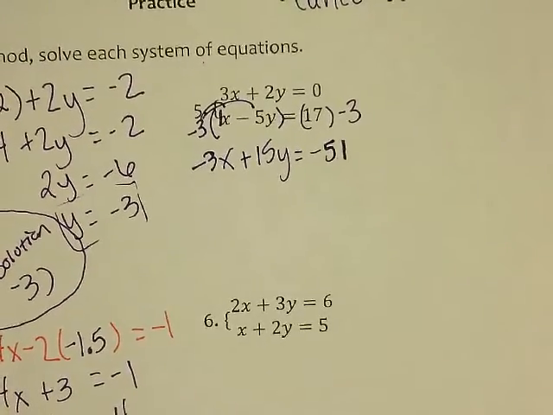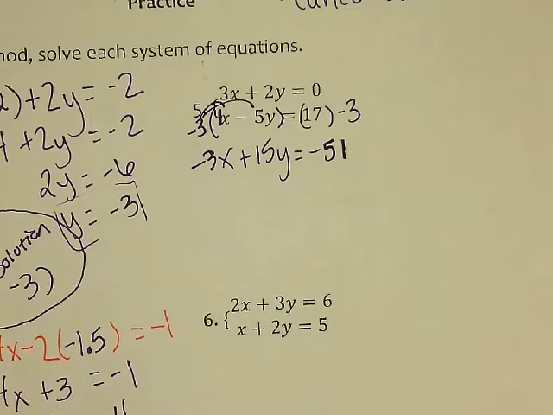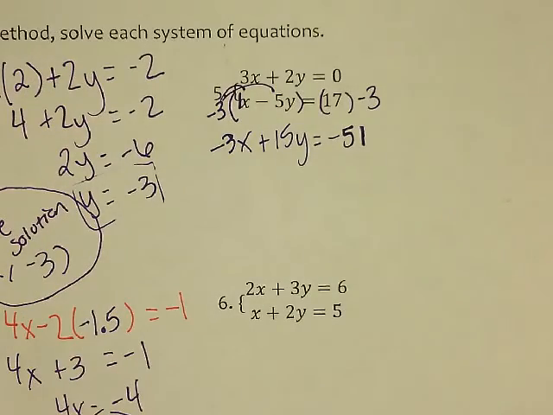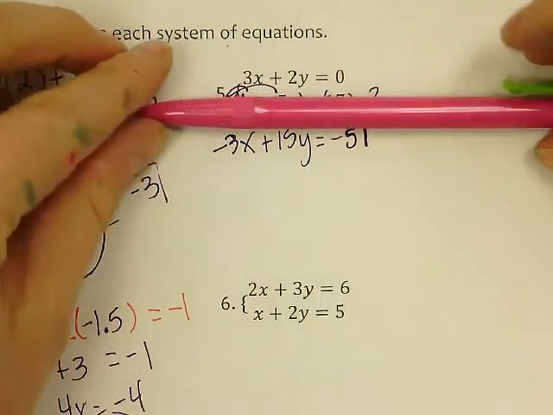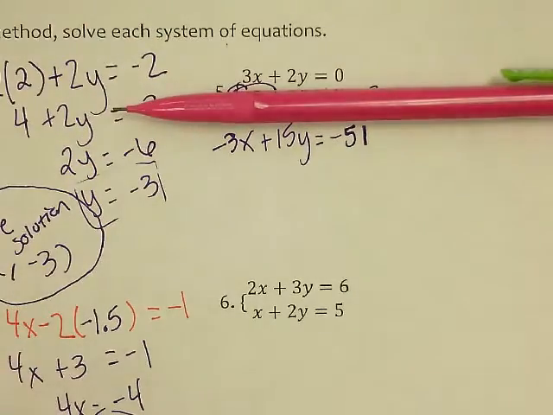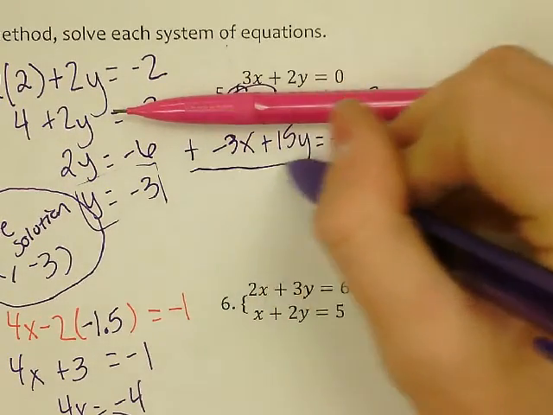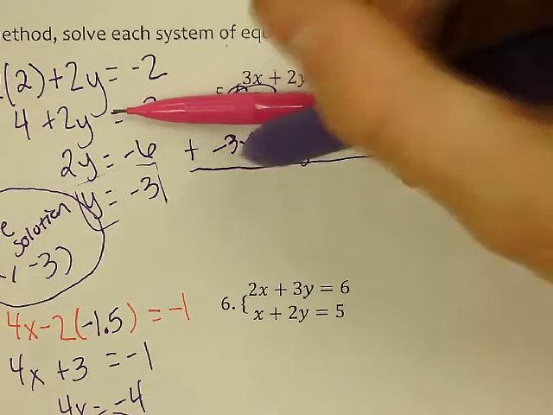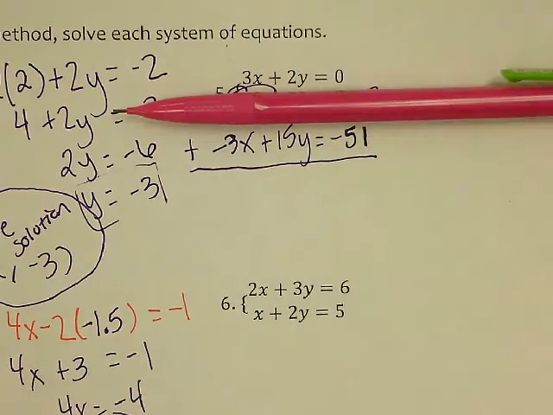Okay, now you have to add the top equation to your new equation. So now we're going to ignore that middle equation, okay? We're not using that anymore. So now we're going to add our top equation to our new equation to cancel. So 3x and -3x, what happens?